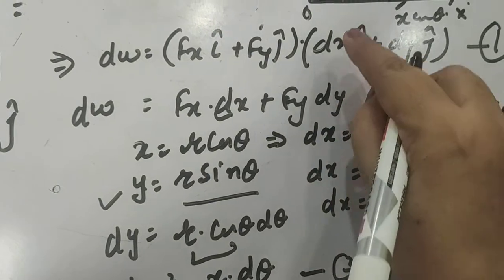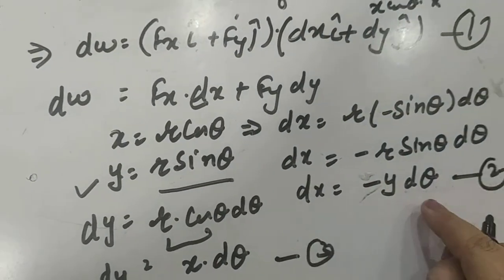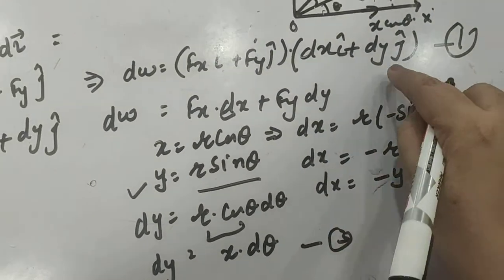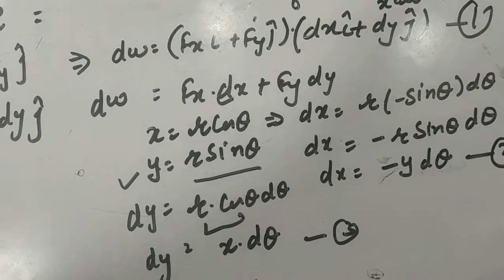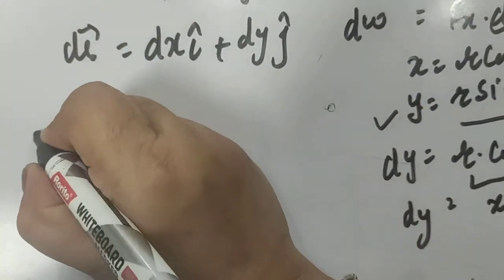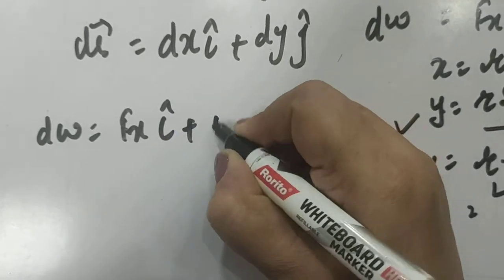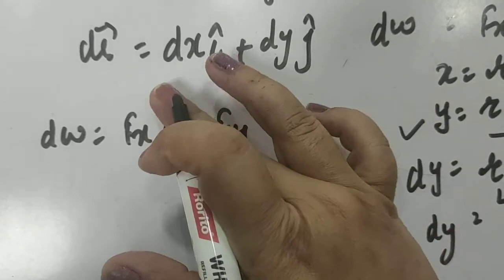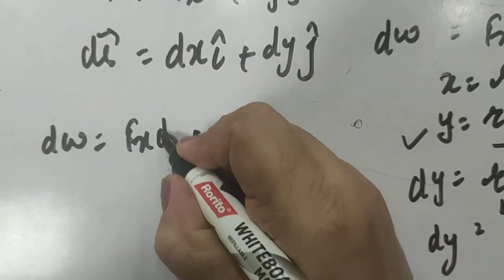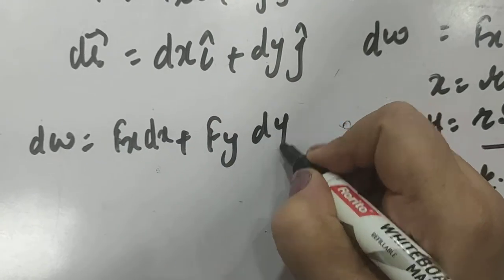Putting the values of dx and dy from 2 and 3 in expression 1, dW is equal to fx dx plus fy dy.